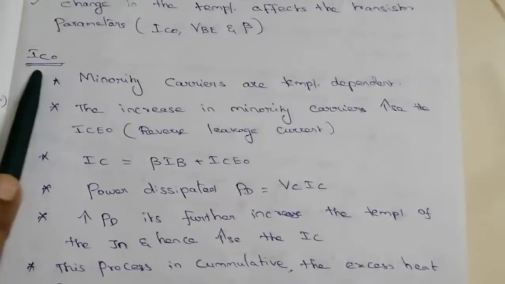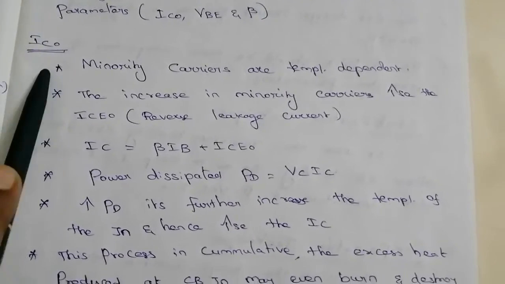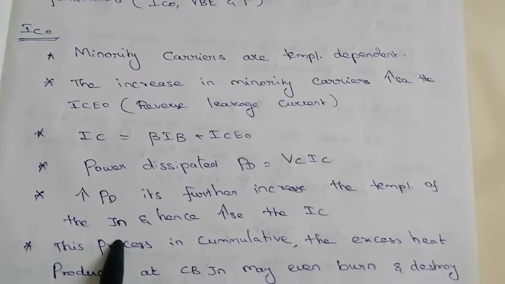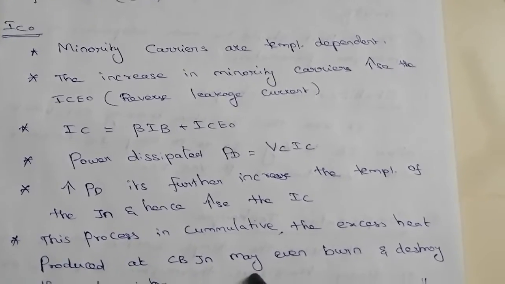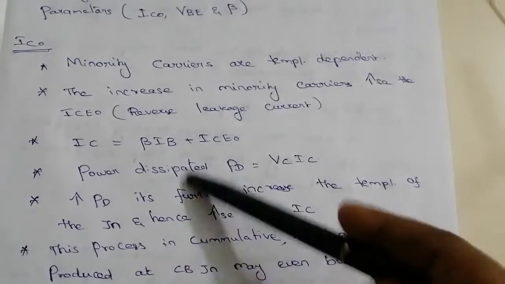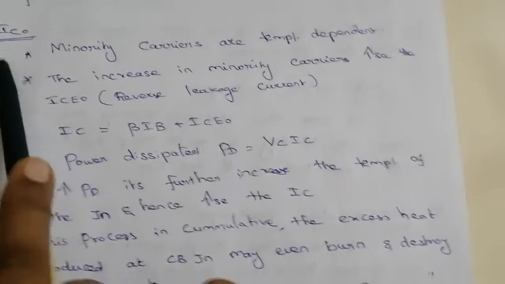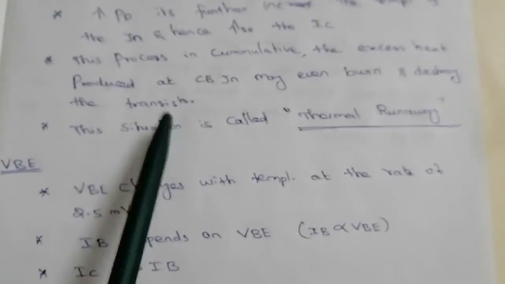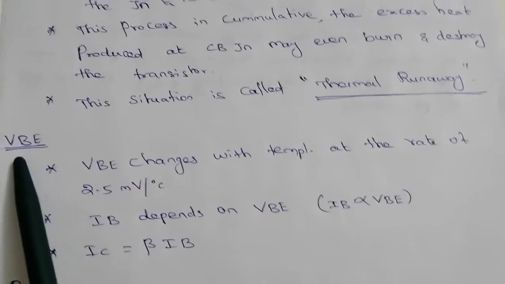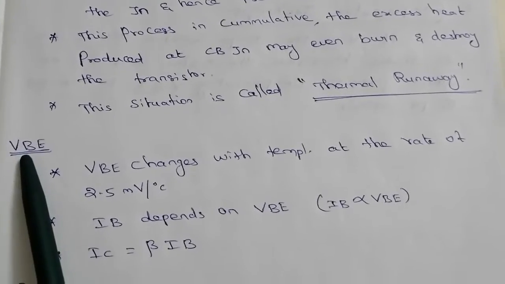So due to the transistor parameter ICO, this is how the collector current changes, and how the Q point is not stable. These are the points we discussed for the transistor parameter ICO. Next one is VBE, the second transistor parameter, the base emitter voltage.